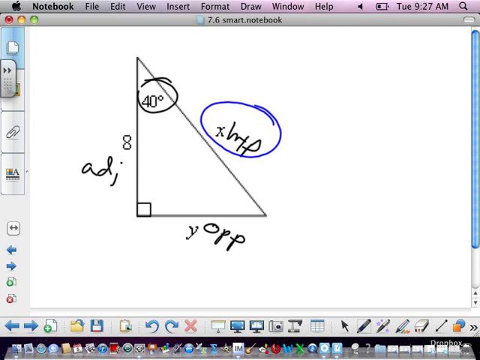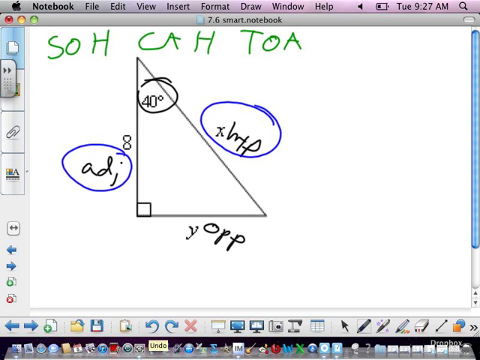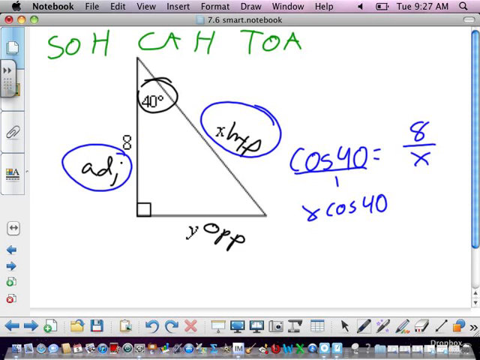Okay, so if I'm thinking about SOHCAHTOA, I'm thinking about which one uses A and H. That's how I know it's cosine. So then I've got the cosine of 40 equals A over H. Remember, we put a 1 under it, and we cross multiply.